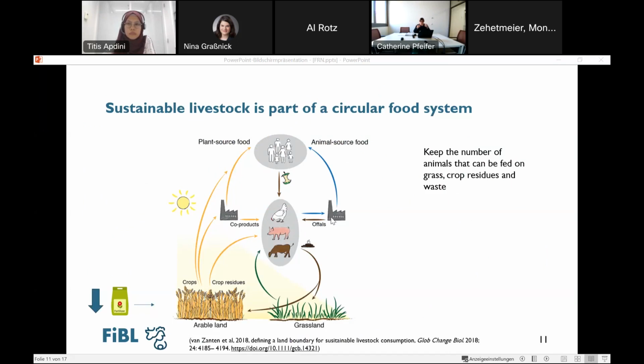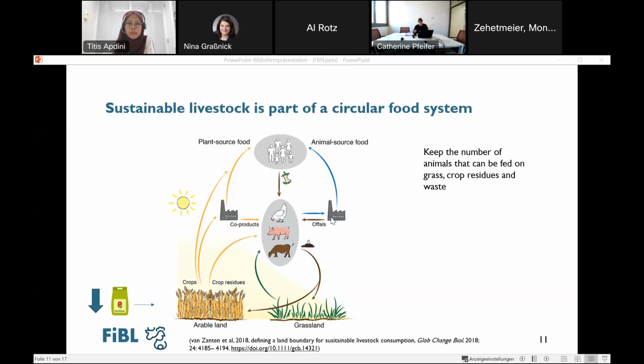When we do crop, we have crop residues, we have quality issues, so that's sort of waste that we can feed to animals. As we go in the value chain, we might have waste products we can feed to the animals, but we will just keep the amount of animals that can be fed without competing with human beings. And that's basically about improving the efficiency of our food system.